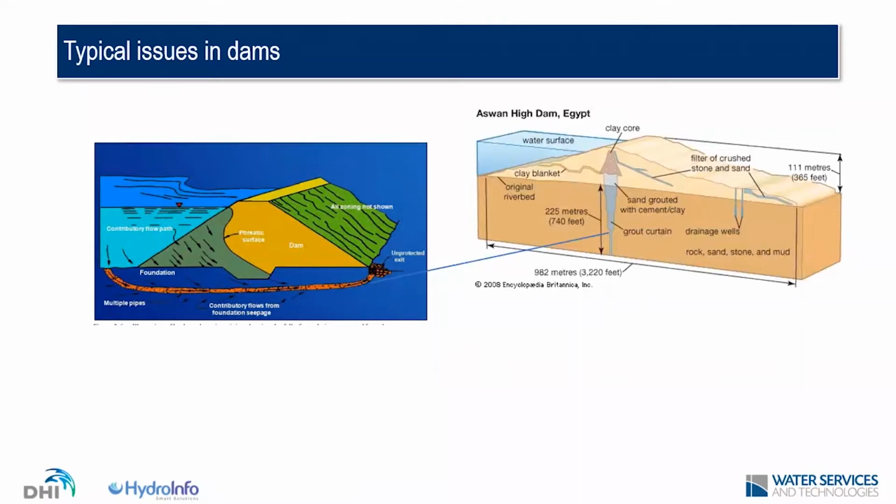In order to avoid that, one could use, for example, a grout curtain to have a bigger energy drop between this side and this side, decreasing the flow underneath the dam.